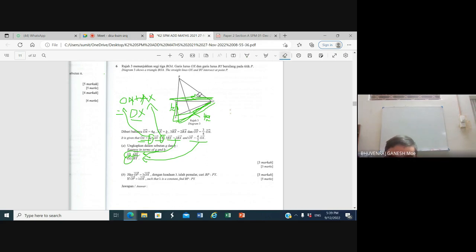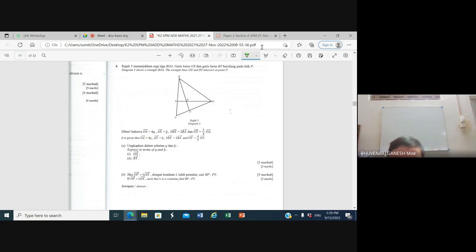So now I clear up. I show you how to find BY now. BY will be slightly more complex. You have to use the info from the ratio, I think. So let's see, now they ask BY.